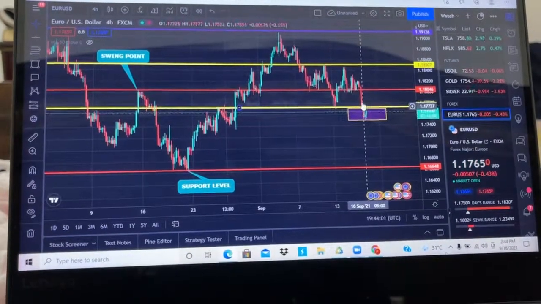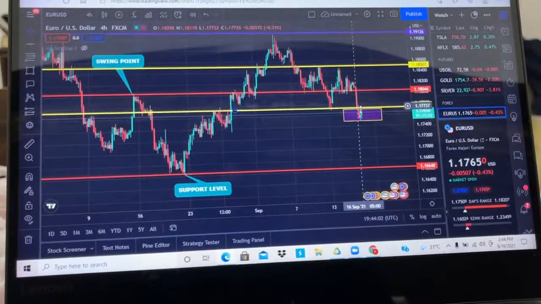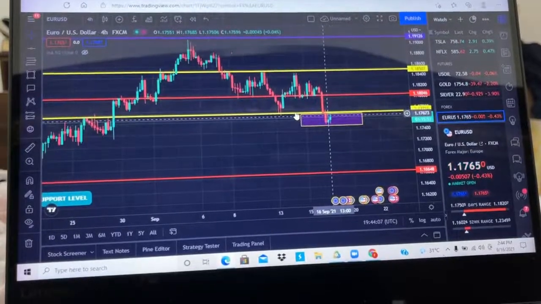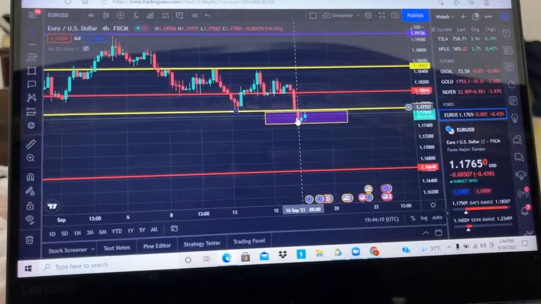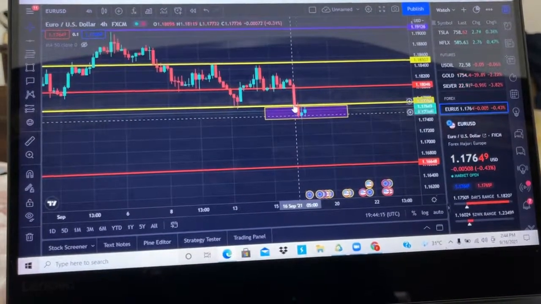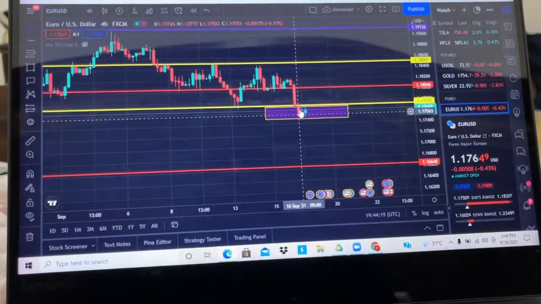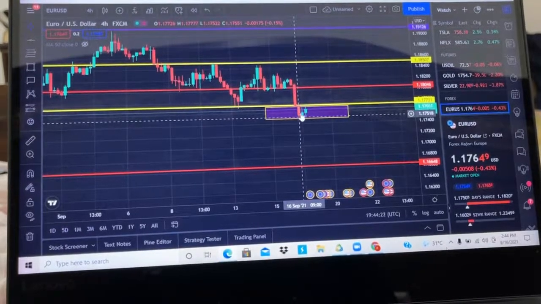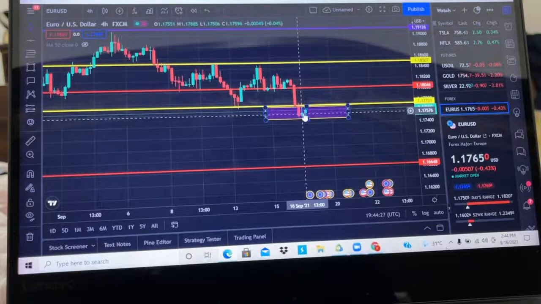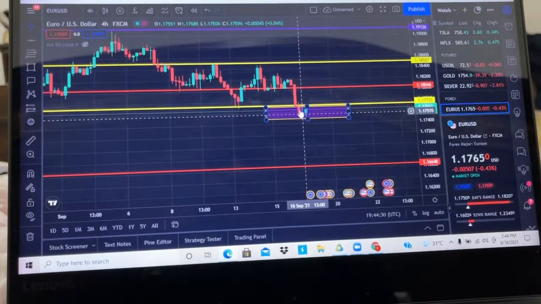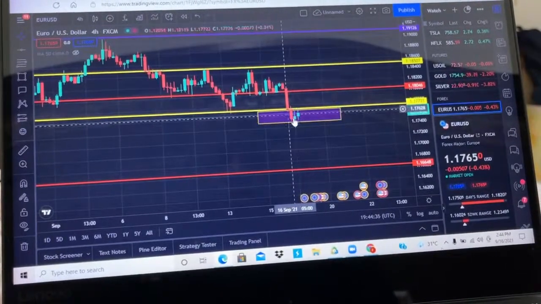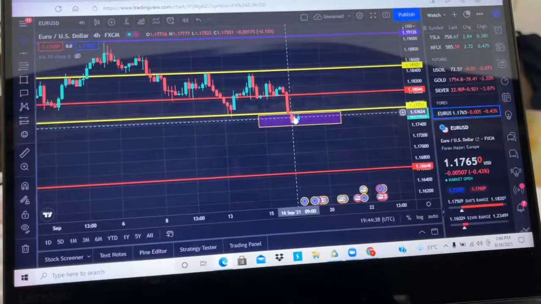Now, in this scenario, it went to the support, but there were no candles telling us that it's going to reverse for buyers. You notice after it went to the support, the next candle formed was a red candle, then a small green. There's no scenario we had studied that had a large red then a small green. So as a trader, what you would do is to continue.